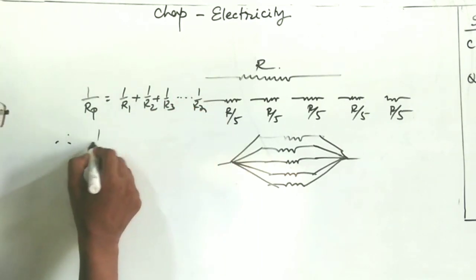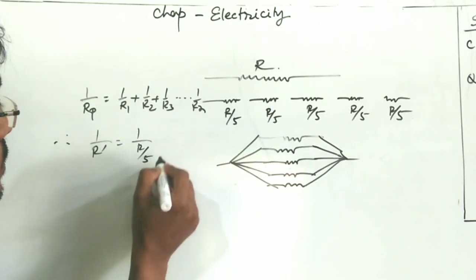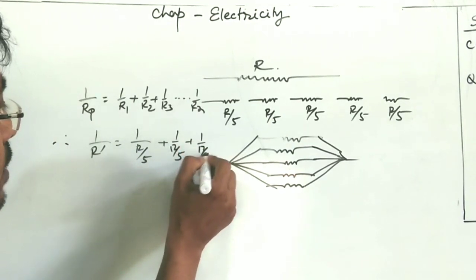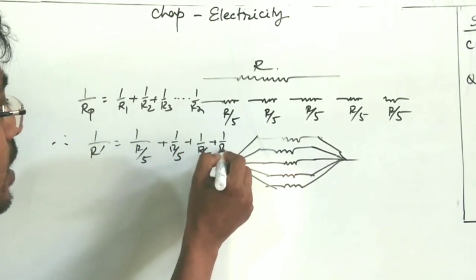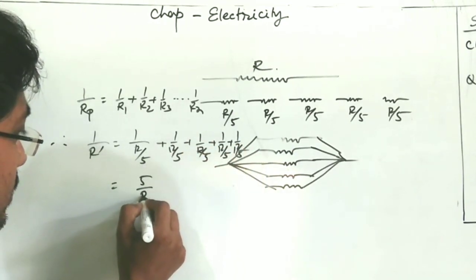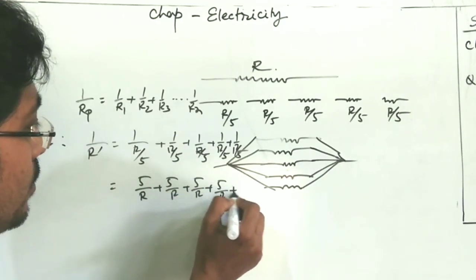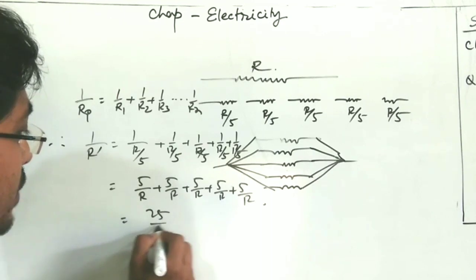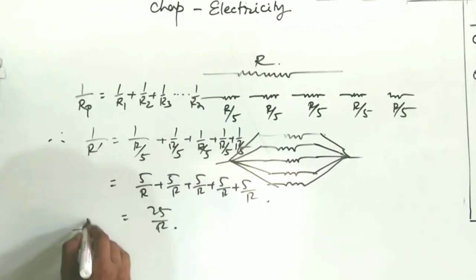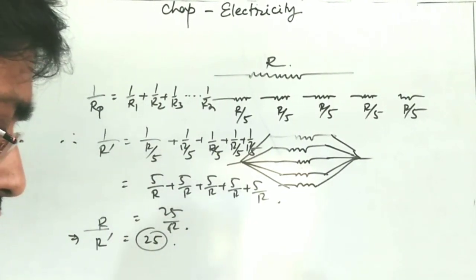So here 1 by R dash is equal to 1 by R by 5 plus 1 by R by 5 plus 1 by R by 5 plus 1 by R by 5 plus 1 by R by 5. So it will be 5 by R plus 5 by R plus 5 by R plus 5 by R plus 5 by R, so it will be 25 by R. You have to find R by R dash, so R by R dash will be equal to 25.